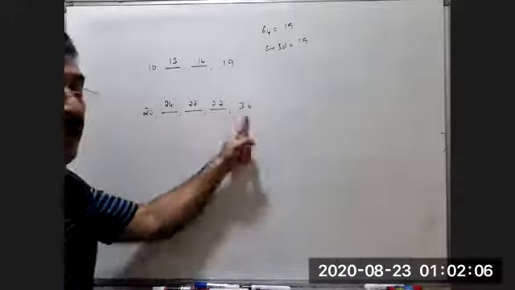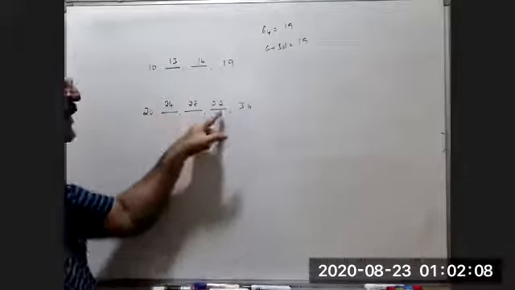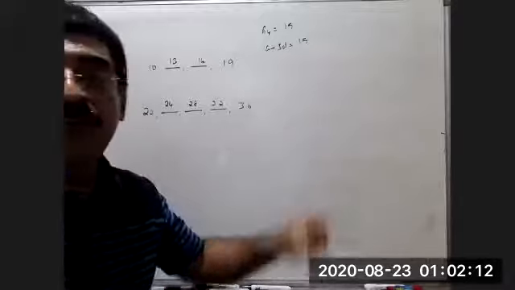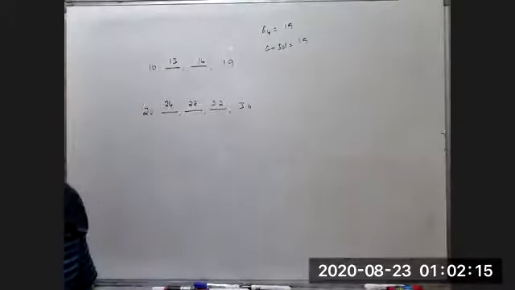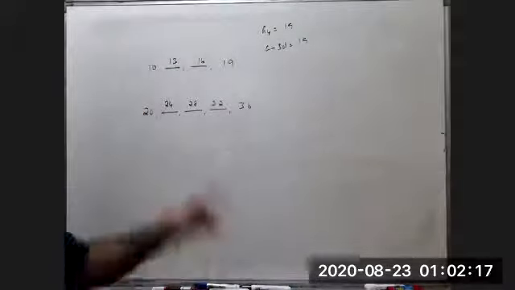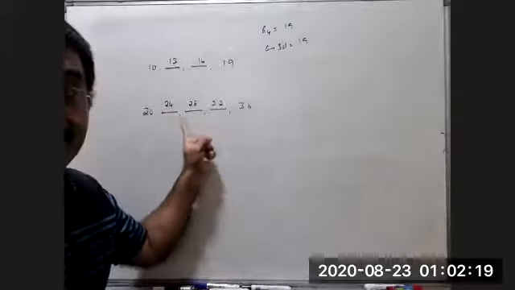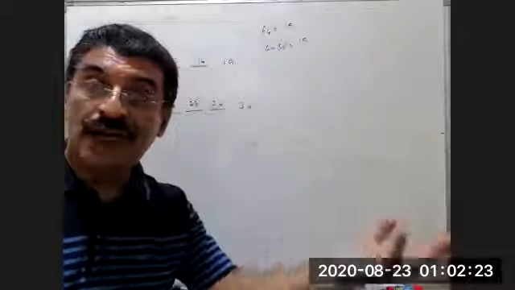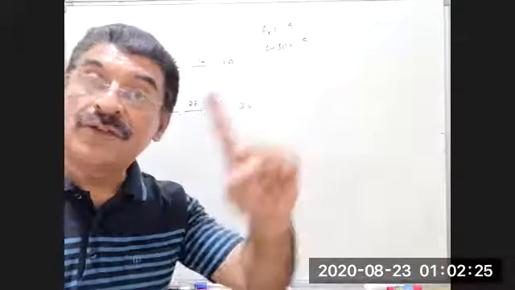In between two numbers, if we insert three numbers, the total number of terms is 5. That means the last term will be a plus 4d.